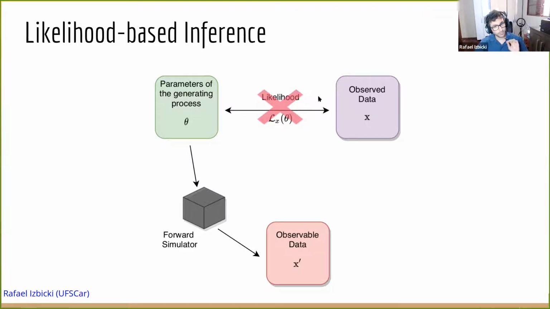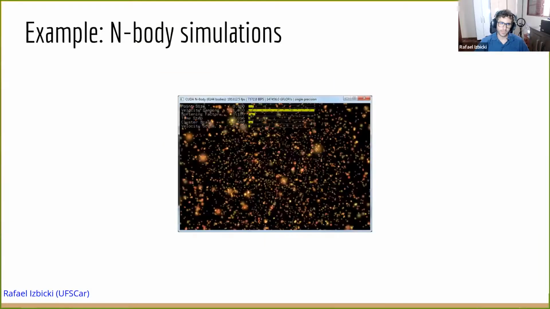But the thing is, we don't have access to this likelihood function, and the question is, once you observe the data, how can you constrain theta? How can you make inference about theta just having access to this forward simulator? One example is N-body simulation, which is a way of simulating the universe.